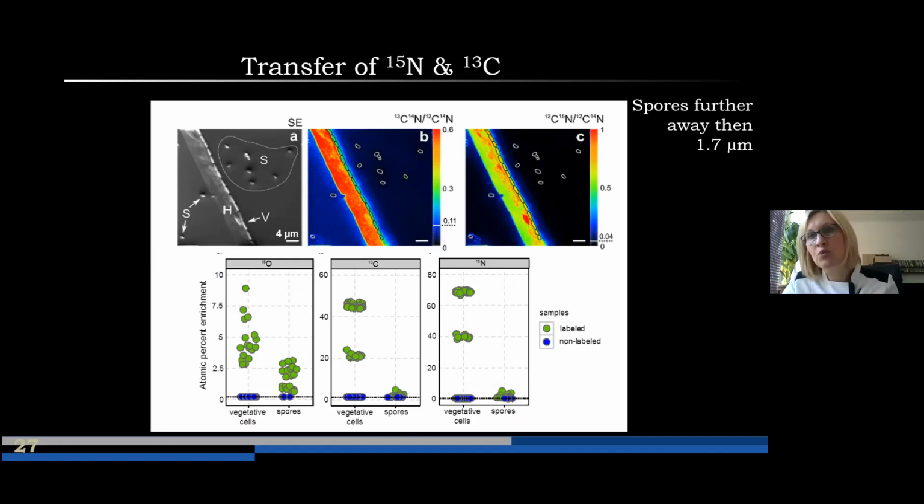So those spores that were by accident in the way of the hyphae, and close to these hyphae, could receive the water, carbon, and nitrogen, and therefore transform into vegetative cells, while the spores further away from these hyphae remained spores, because they had no access to nutrients and water.